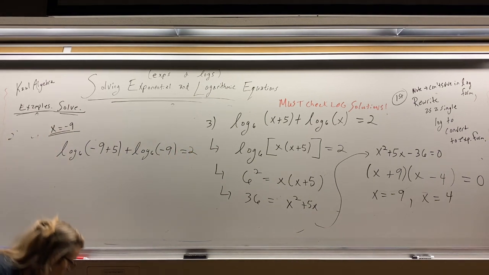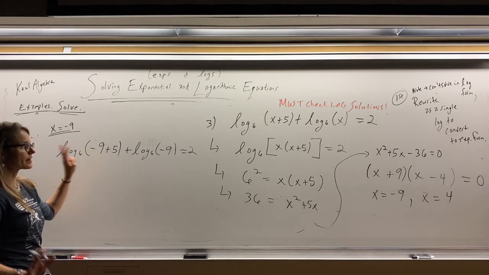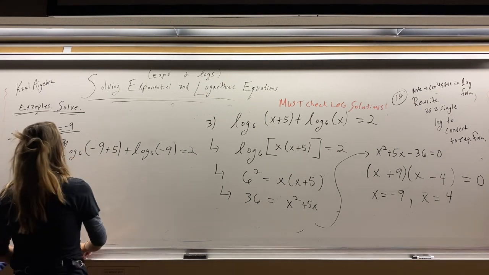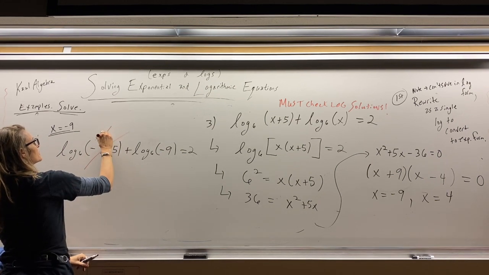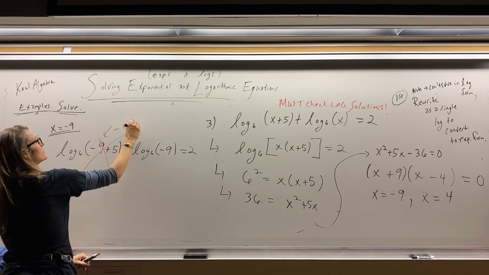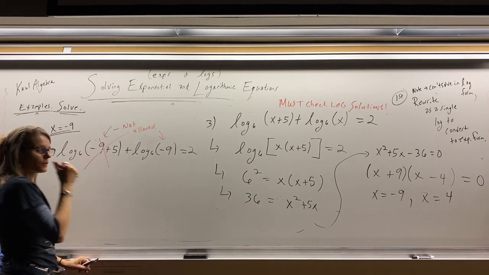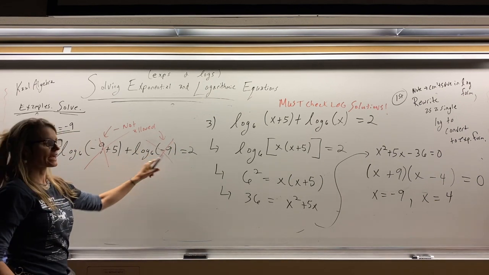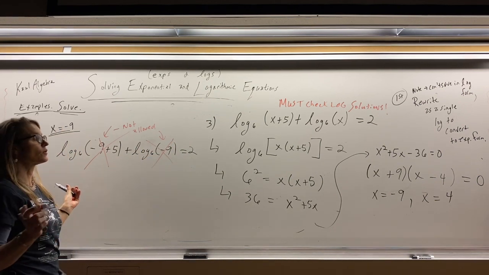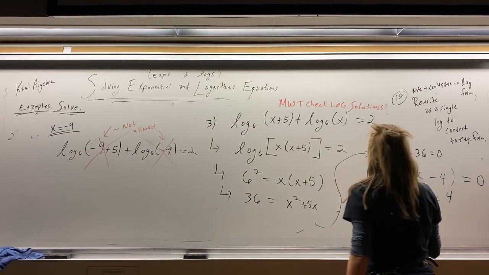Now, I could go through all the details of knowing the values, but right here I would stop and say, well, wait a minute. A negative 9 will produce a negative here, right? So all I have to do is have one violation by having a negative in the argument, and the entire solution is tossed. So this is not possible.